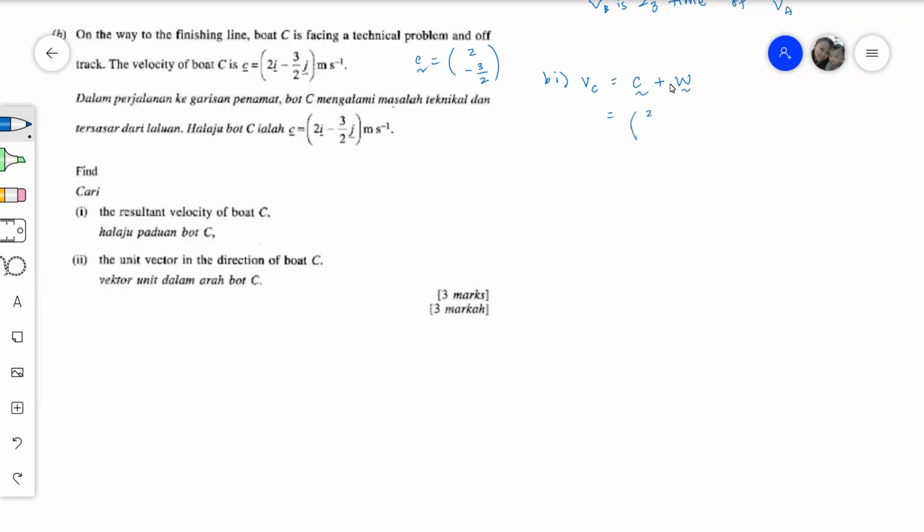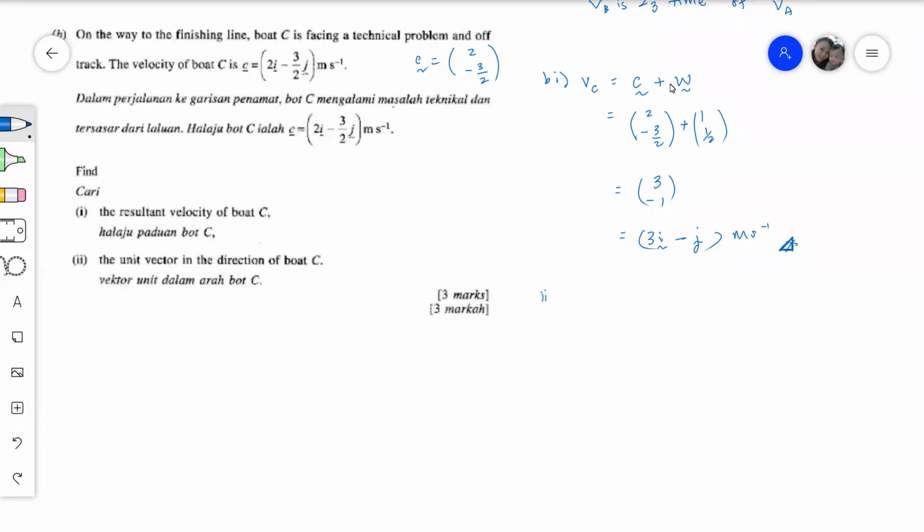So we will have 2, negative 3 over 2 plus 1, half. Our W is 1, half. So all in all, we will have 3, and negative 3 over 2 plus 1 over 2 gives negative 1. So the resultant velocity, let's write it back in position vector form, is 3I minus J meters per second. That is our resultant velocity of C.